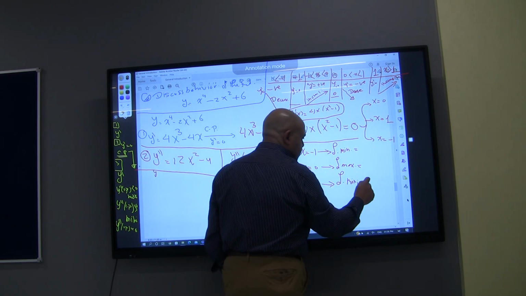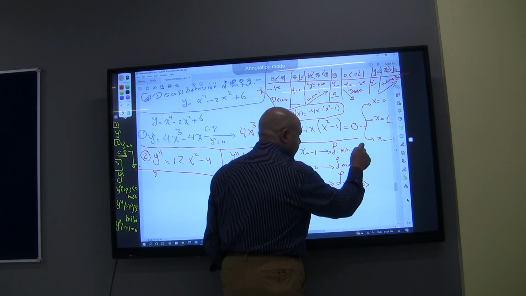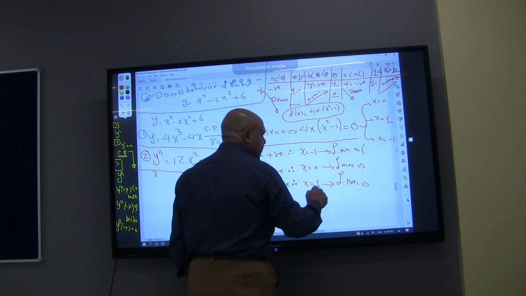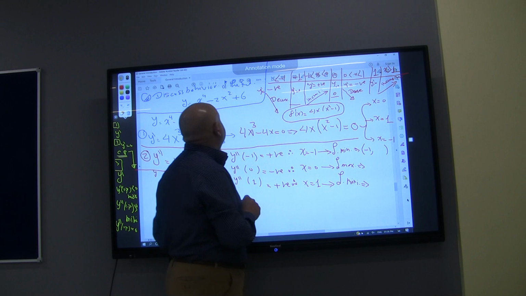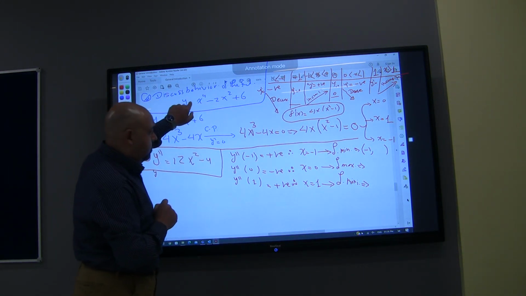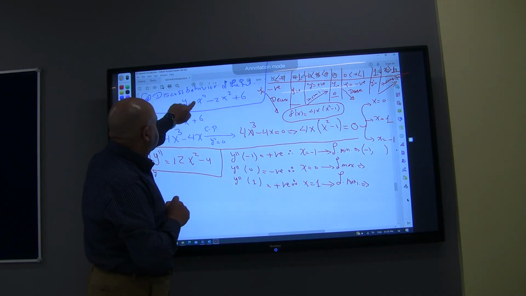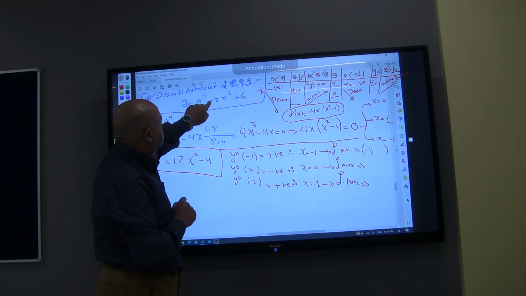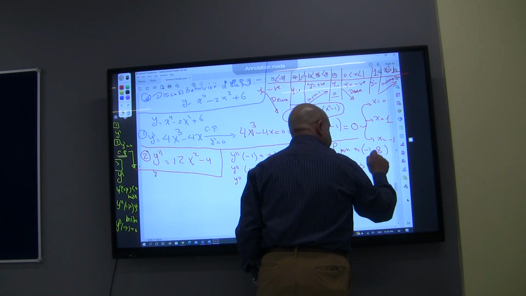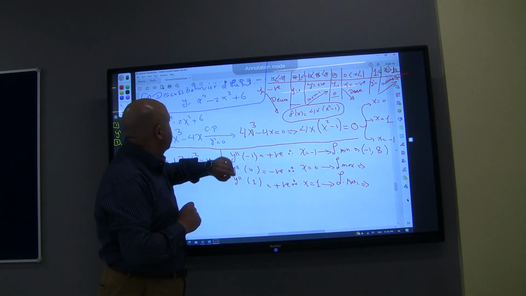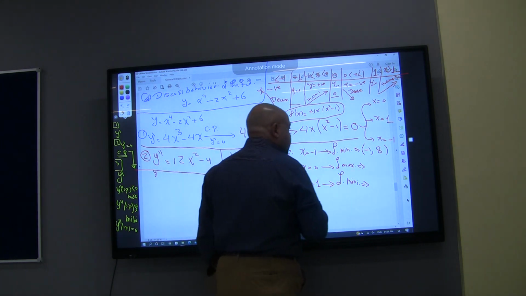Let's get the values of these points. I know here that x equals negative 1. The value of y will be what? If I put x equals negative 1, it's going to be positive 4, negative 2, so positive 2, positive 2 plus 6, so the value here is going to be 8. Okay, at 0, the value is going to be 6.